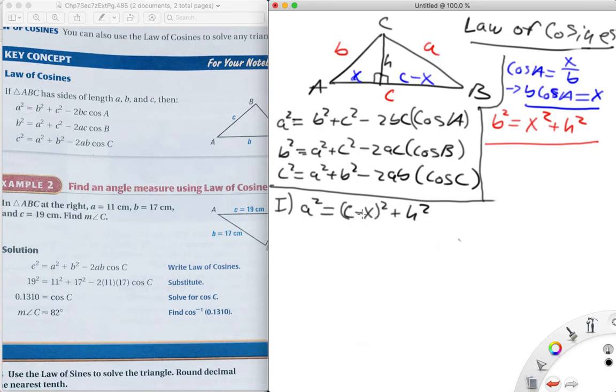We're going to expand this out using FOIL, and that gives me that a squared is equal to c squared minus 2cx plus x squared plus h squared.